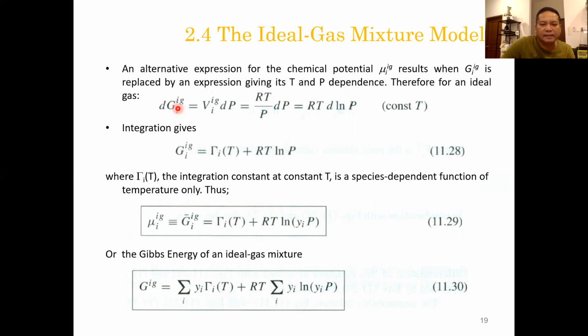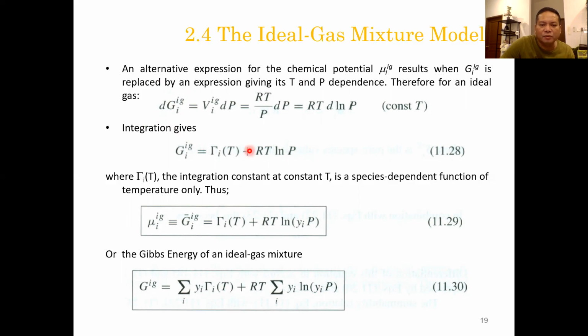For an ideal gas, dG^ig equals V^ig dP, from previous lectures, and then RT over P gives this value here, the change of P. So if we need to integrate this, we need to find G^ig, then we integrate this and this.